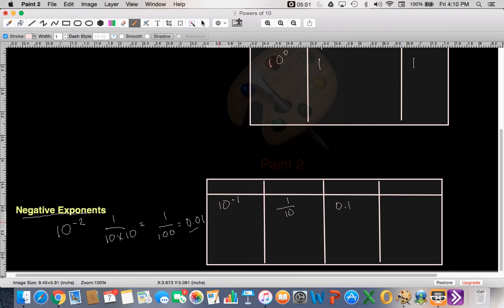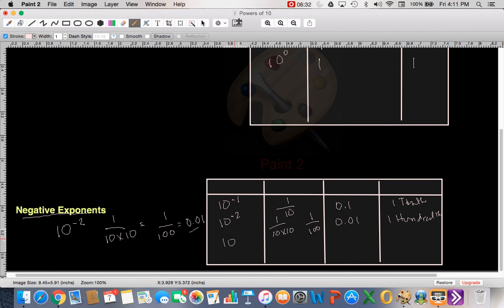And over here, if you are raising 10 to the negative power of 2, that would be 1 over 10 times 10, and that would be 1 over 100, which is 0.01 or 1/100.